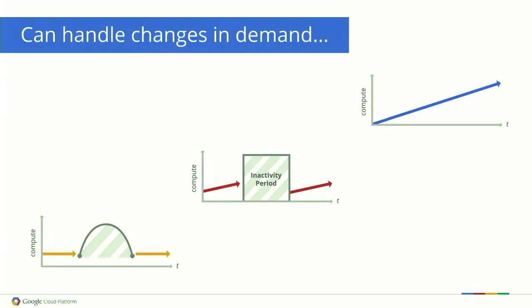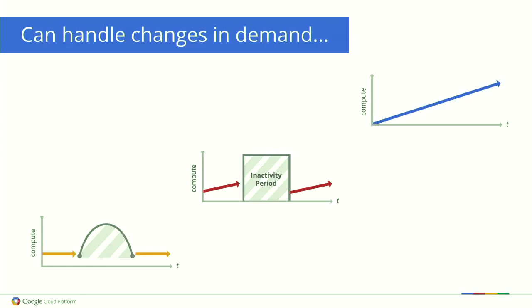And it can handle these changes in demand for autoscale. So the different traffic patterns that we see on a regular basis, things like spikes in traffic, which is the bottom one here, the linear scalability, the exponential scale, logarithmic scale, it can handle all of those kinds of changes.